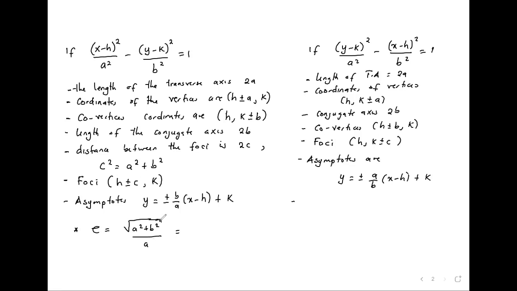This is simply c over a, and then the directrix, since there are two, is x equals plus or minus a squared over the root of a squared plus b squared, which is plus or minus a squared over c.